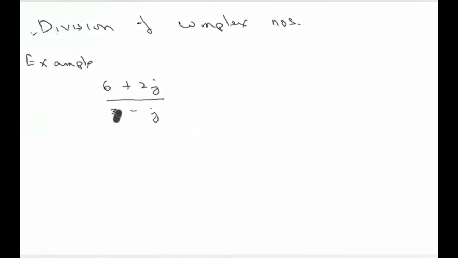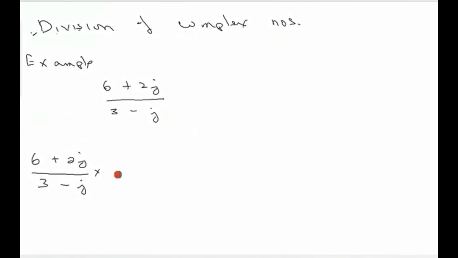If you have 6 plus 2j divided by 3 minus j, you don't divide it just like an ordinary division. In the division of complex numbers, you multiply both numerator and denominator by the conjugate.